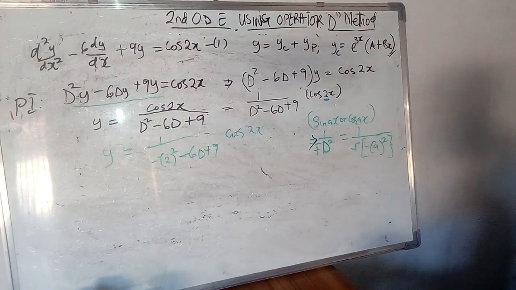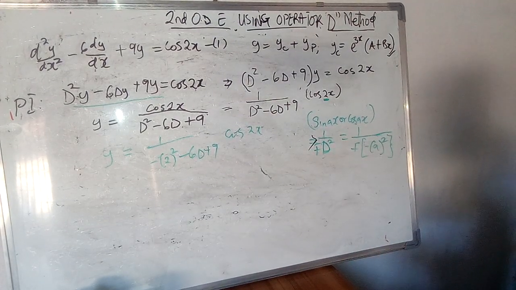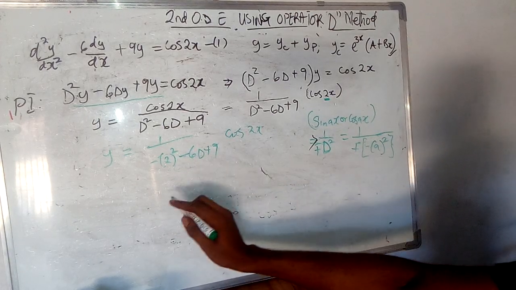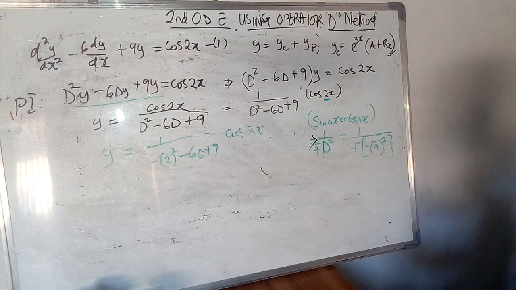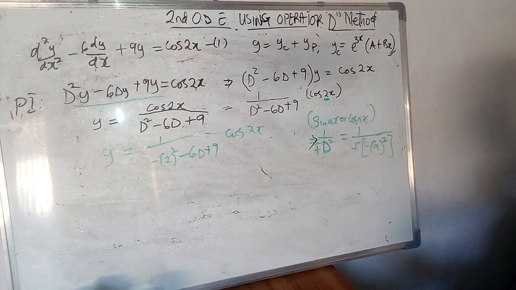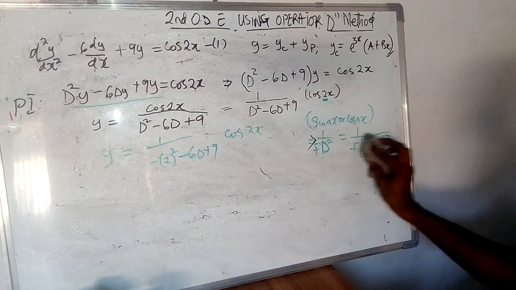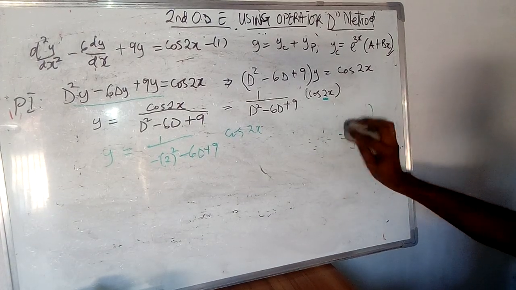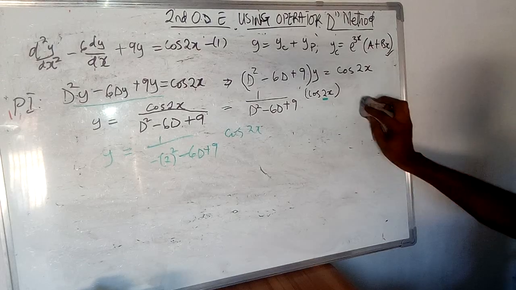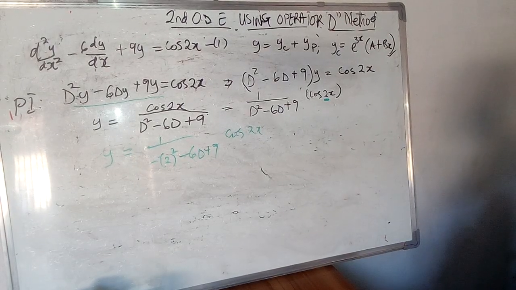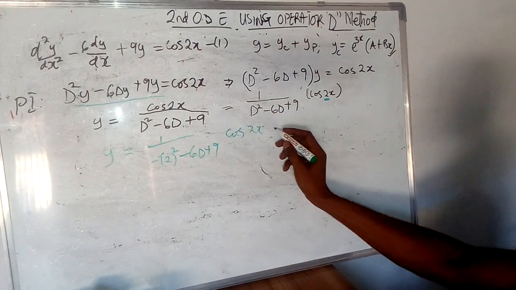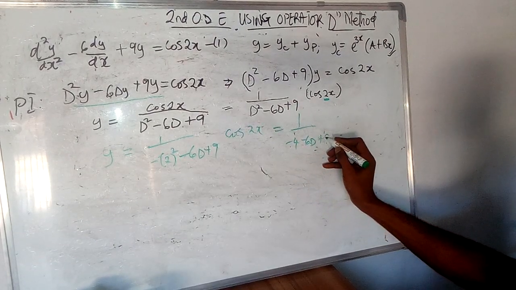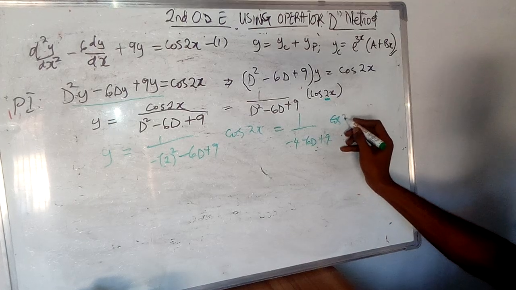So doing that, this will be minus 4 minus 2b equals 1 over minus 4 minus 6D plus 9 cos 2x.